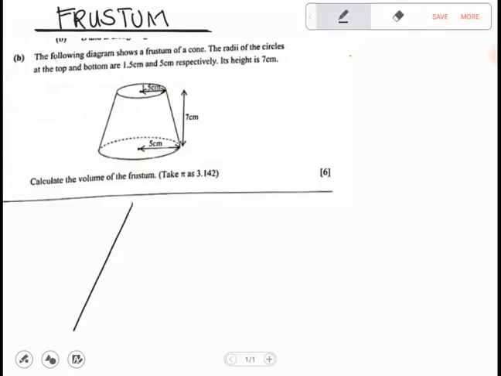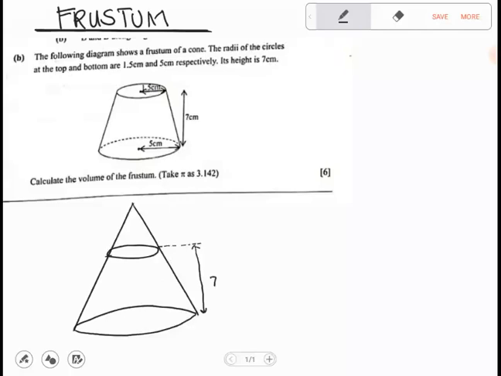So we have a cone like this, and that cone has been cut, and this is the height we are talking about, the 7 centimeters which has been given, and from there to there, that's the 5 centimeters that you are seeing, and from there to there, that is the 1.5 that you are seeing.